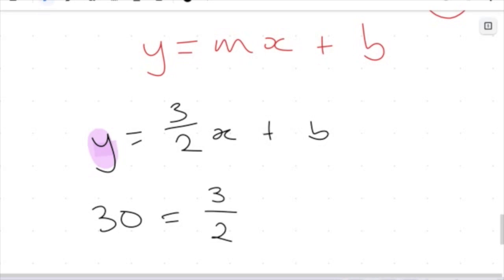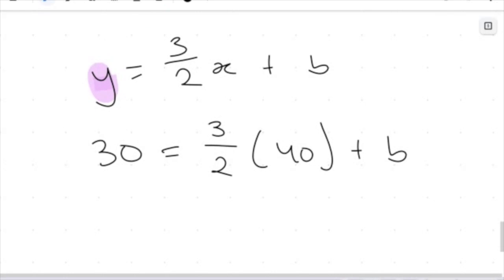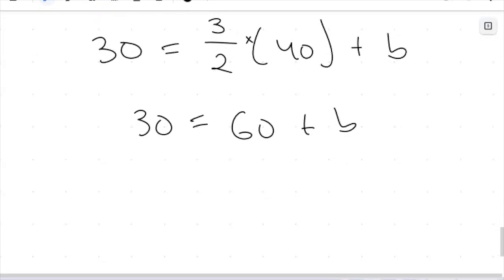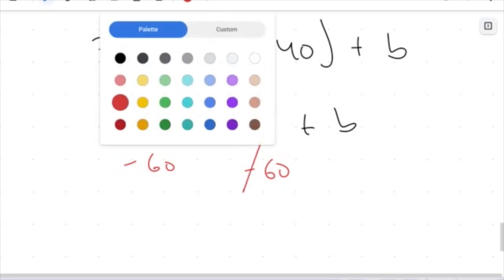So instead of this y here, I'm going to put 30 equals 3 over 2, multiplying by x, which is 40, plus b. Multiplying these two out, I'm going to be left with 60 plus b, and then I just want to subtract 60 from both sides. I'm just solving the equation now to get to a value for b.